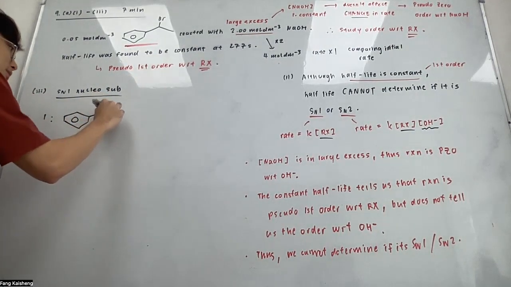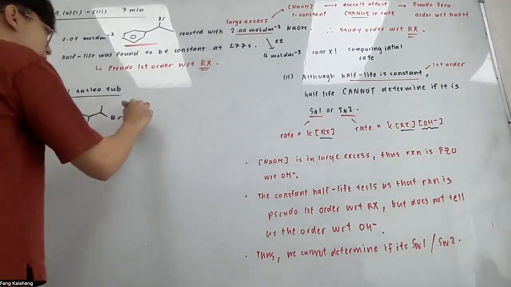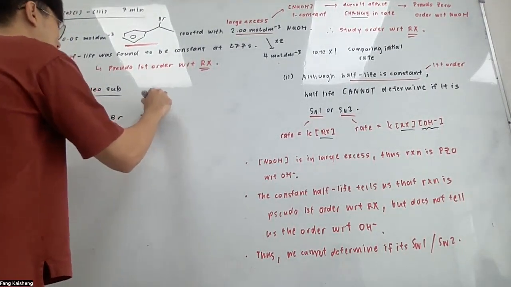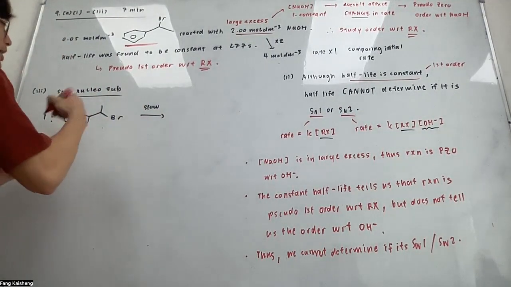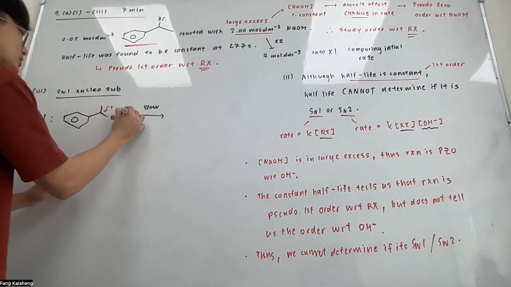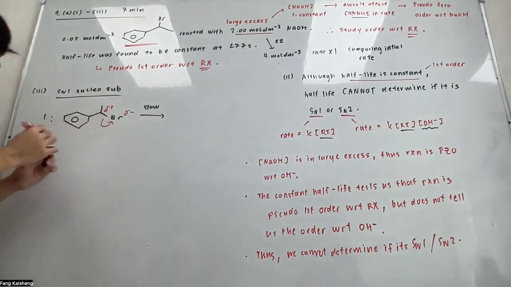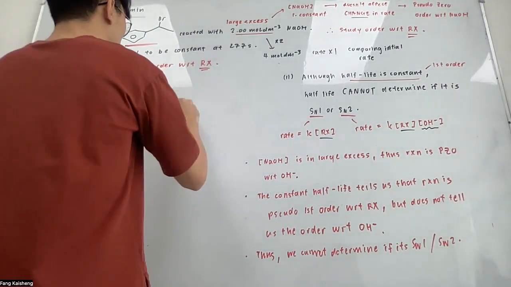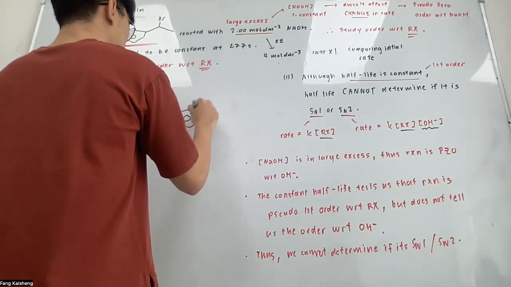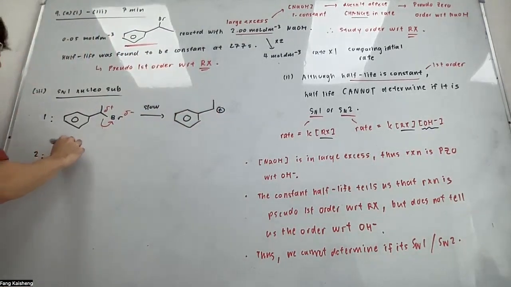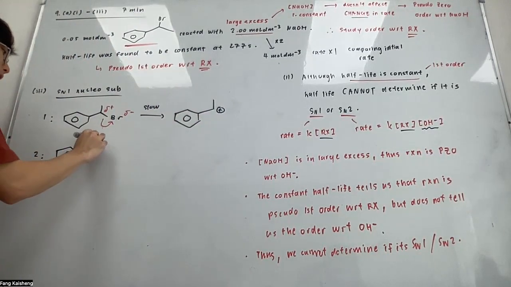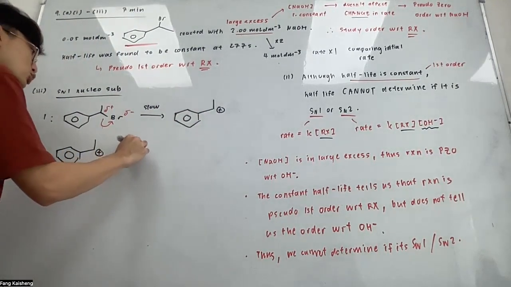So I have this, and the first step is just the slow step where you only have 1 reactant. No nucleophile here yet. I need to see the partial charges and then the bond breaking, and that's how you form your carbocation. Second step, just attack the nucleophile to the carbocation and finish.